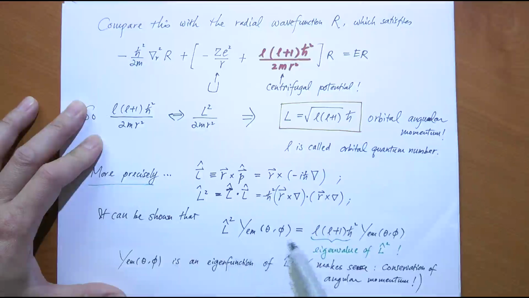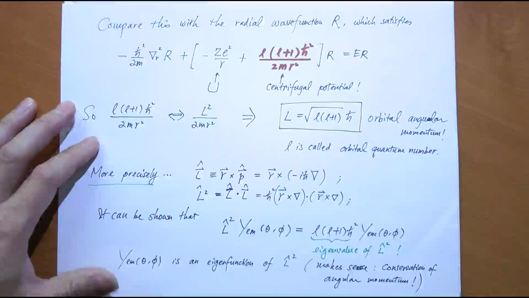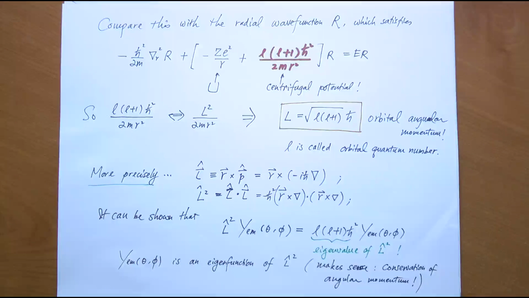Why is it that YLM is an eigen wave function for the operator for angular momentum? Because the angular momentum is conserved. It doesn't change, and therefore it only gets you a single measurable value, and therefore, by definition, YLM is the eigen wave function for that operator, so it makes sense. So that is the meaning of L. It gives us an idea how much is the orbital angular momentum of the system, so we call it the orbital quantum number.